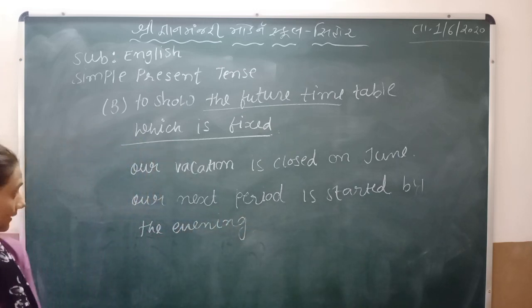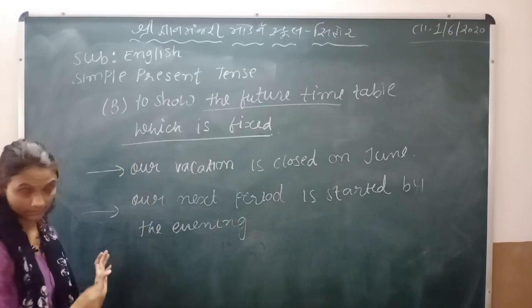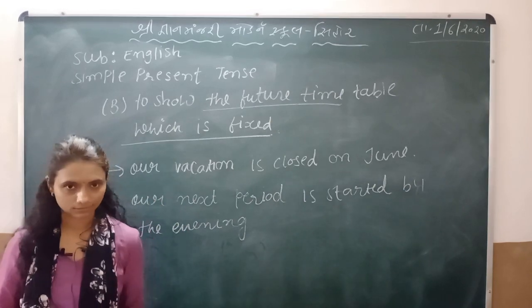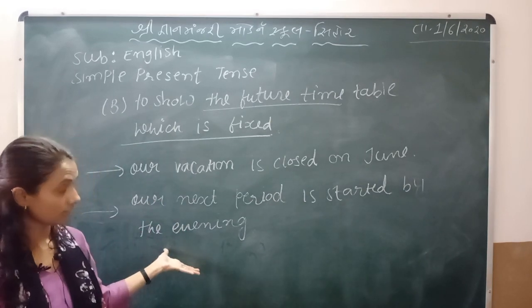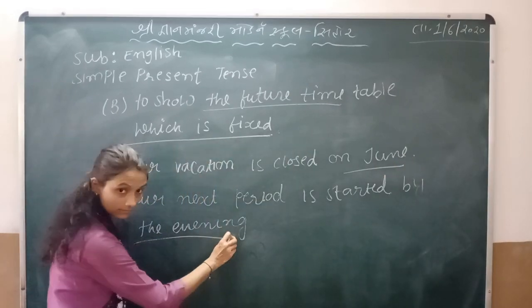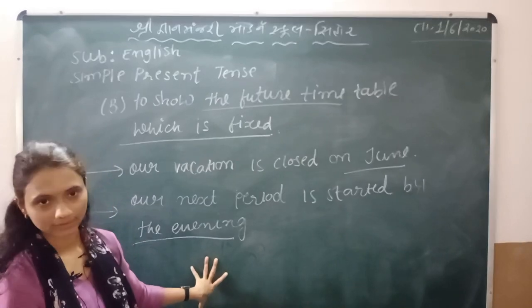You can see here we have two future activities which are not going on currently. This June and this evening both describe future time.